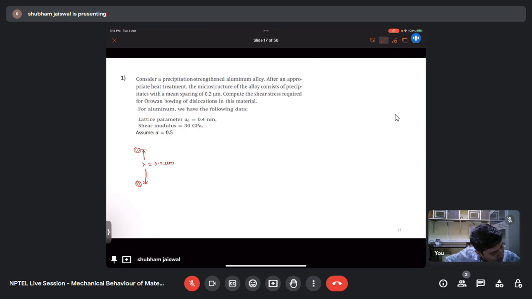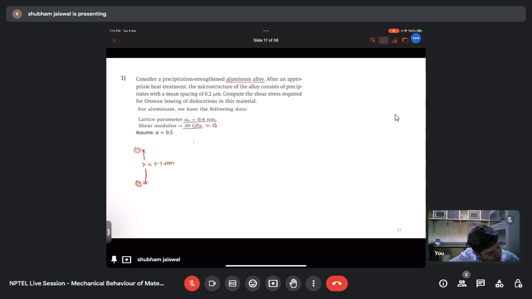Then they have given the lattice parameter a naught. They have given the shear modulus 30, that is equal to G, and they have given alpha equal to 0.5. Also they have given the aluminum alloy.